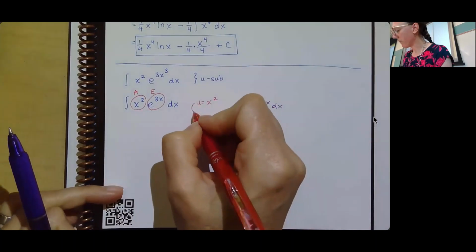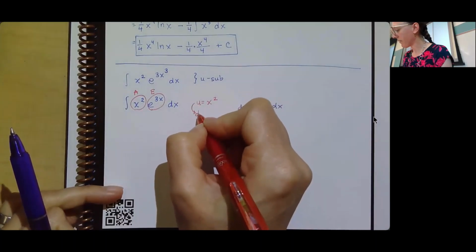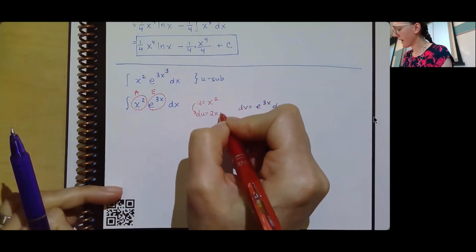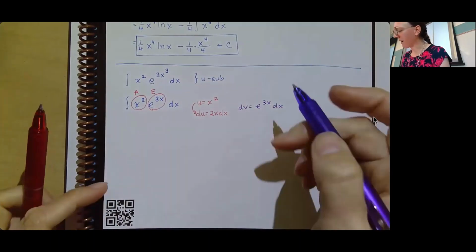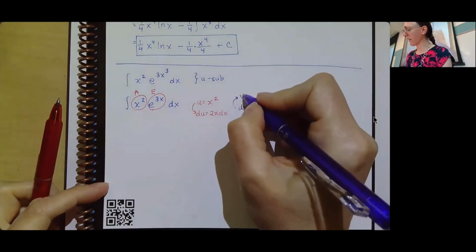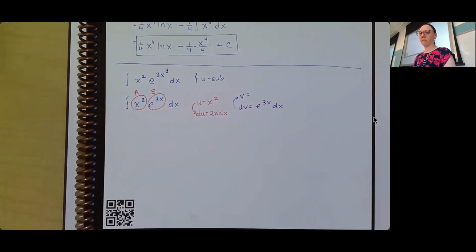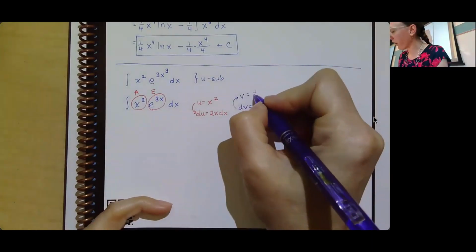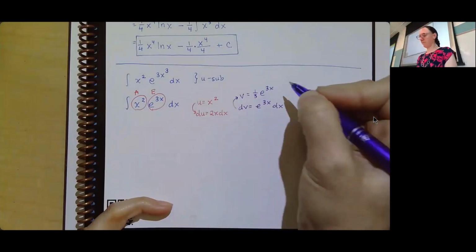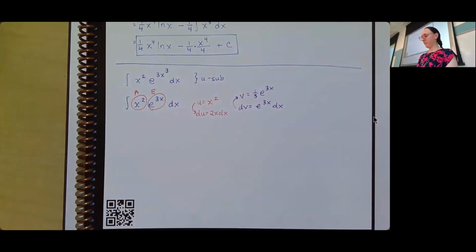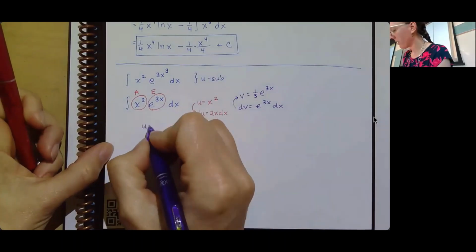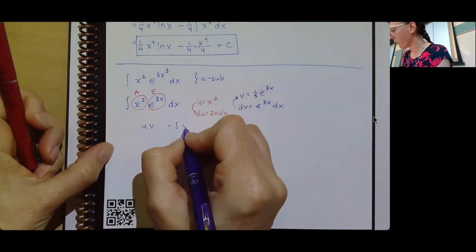My derivative is going to be 2x dx. And my antiderivative over here, it's almost e to the 3x. I just have to remember to divide by that 3. So I'm going to write that as 1/3 e to the 3x. Plugging that in to my ultraviolet voodoo formula.